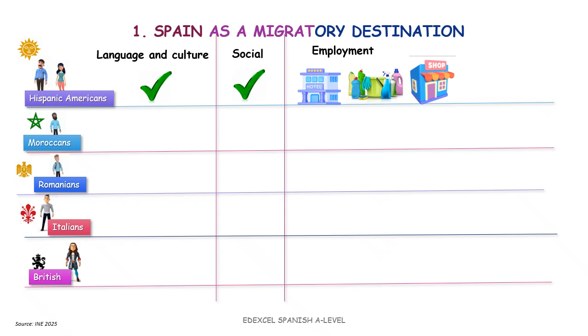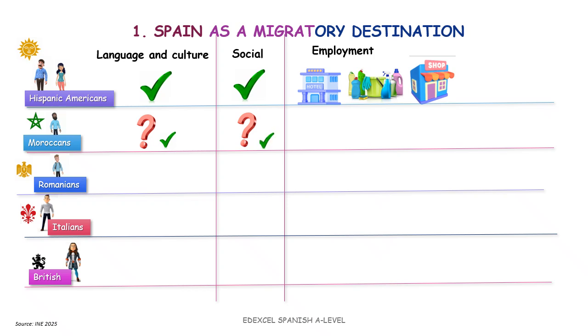Moroccans. So regarding language and culture, Arabic and Berber are predominant, although many do learn Spanish over time. The Muslim religion can also be a differentiating cultural factor. Social integration is often slower, mainly because of cultural and religious differences.